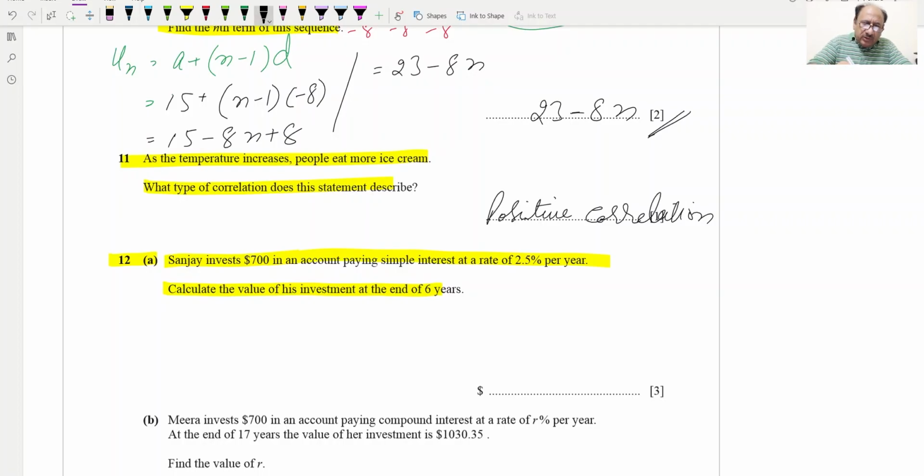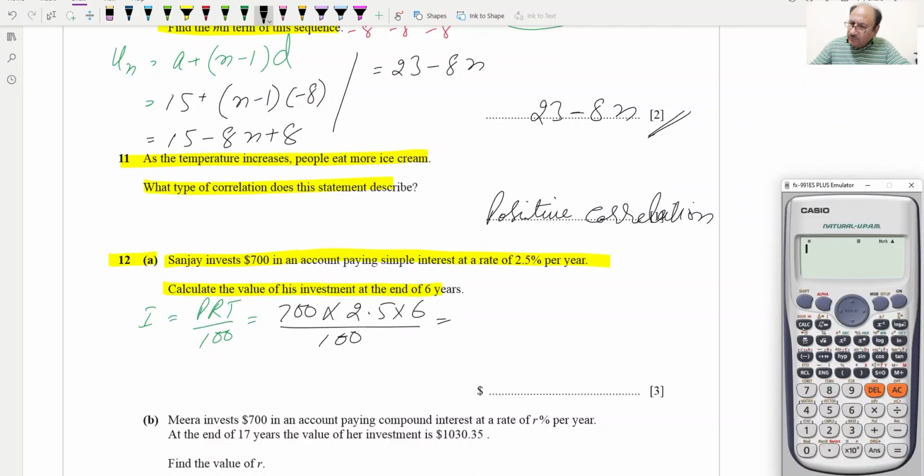So PRT over 100, this is the formula which we will be replacing for I is equal to PRT over 100, and we can replace values in this. It will be principal amount is 700, so 700 into rate is 2.5 into time duration 6 years divided by 100, and this will be equal to 700 multiplied by 2.5 and multiplied by 6 and divided by 100, and this is equal to 105.